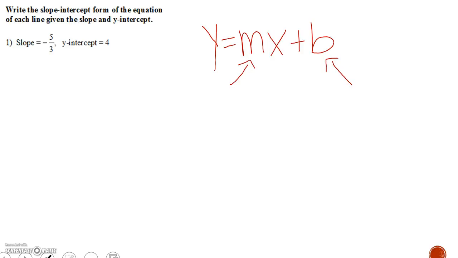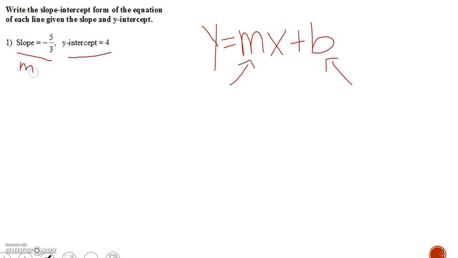Alright, so a little bit of review. Write the slope-intercept form of the equation of the line given the slope and the y-intercept. So remember, slope-intercept form we just talked about is y equals mx plus b. So we need to know our slope and we need to know our y-intercept, which in this problem we're given both of those.